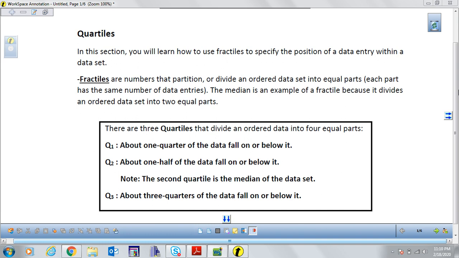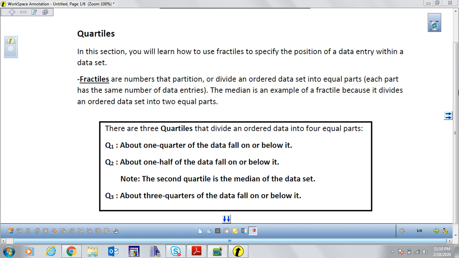Q1, Q2, and Q3 mean the first quartile, the second quartile, and the third quartile correspondingly. Q1 counts about 1/4 of the data that falls on or below that value. It could be up to that value or any other value that is less than the actual Q1.